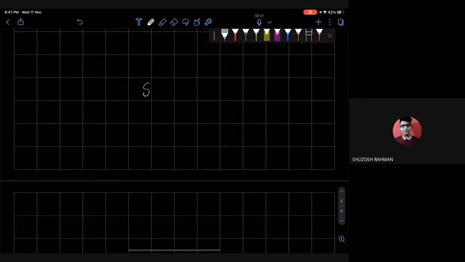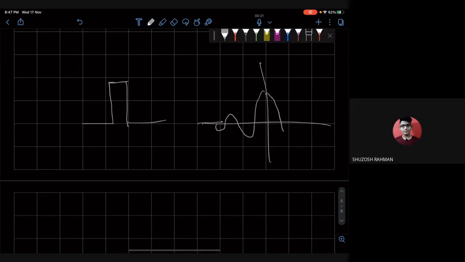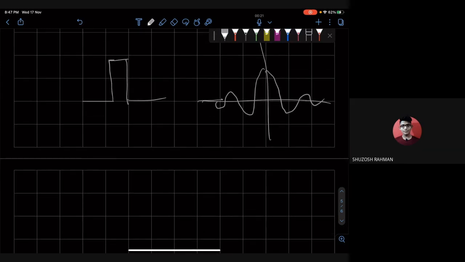for example, we took the Fourier transform of the top hat function, right? This is the top hat function, and we found that the Fourier transform of that function is a sinc function. These are Fourier transforms of each other.